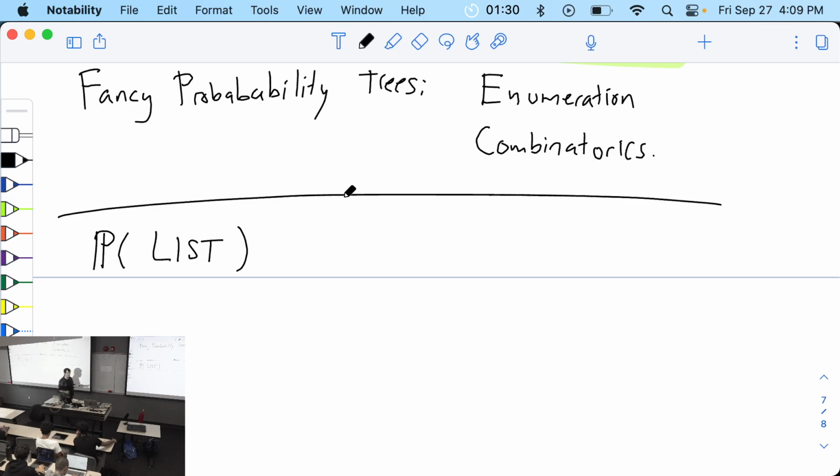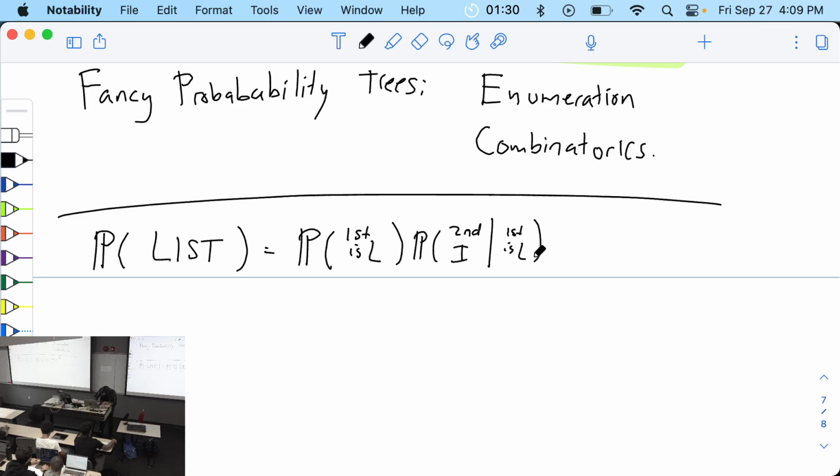So you can write this as a big tree. First is L. Then the second has to be I, given that the first is L. Then the third has to be S, given the first is L and the second is I. And the fourth has to be T, given the first 3 are exactly the right letters.